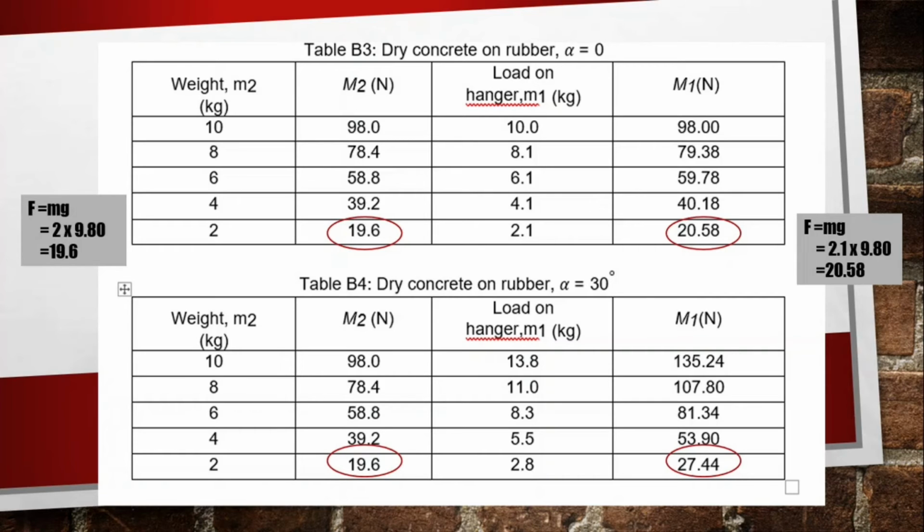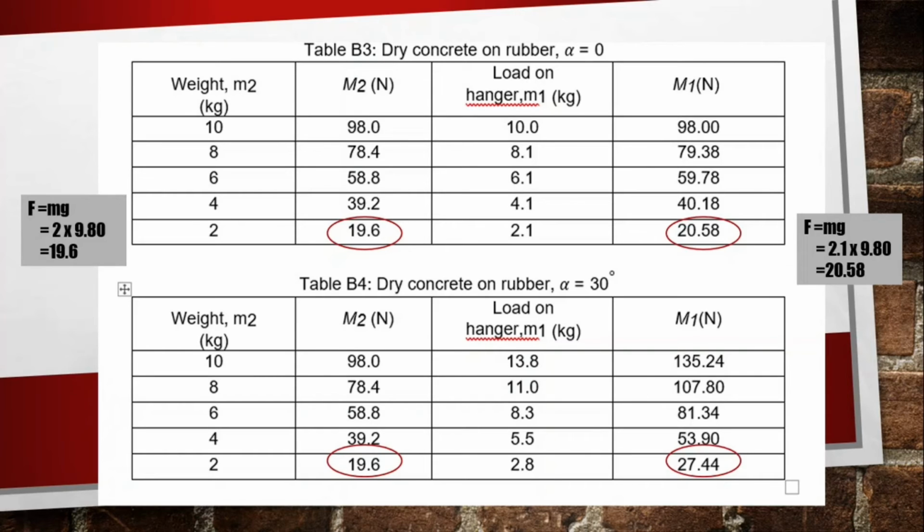Okay, for M2 we need to change to Newton, and the formula is F equals M times G. M is the weight for M2, this is 2, times G, gravity, which is 9.8, and the answer is 19.6.